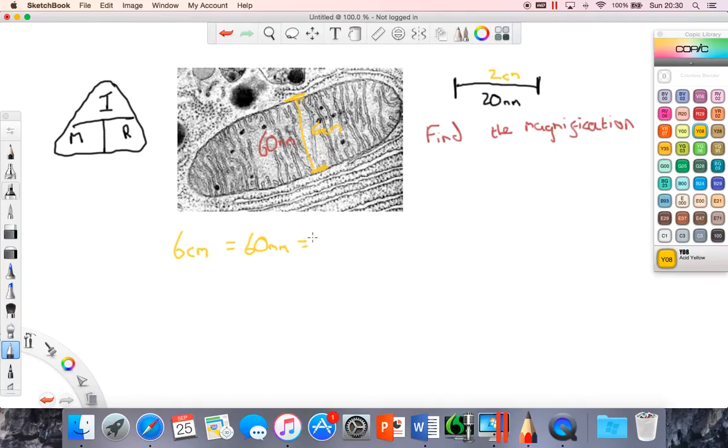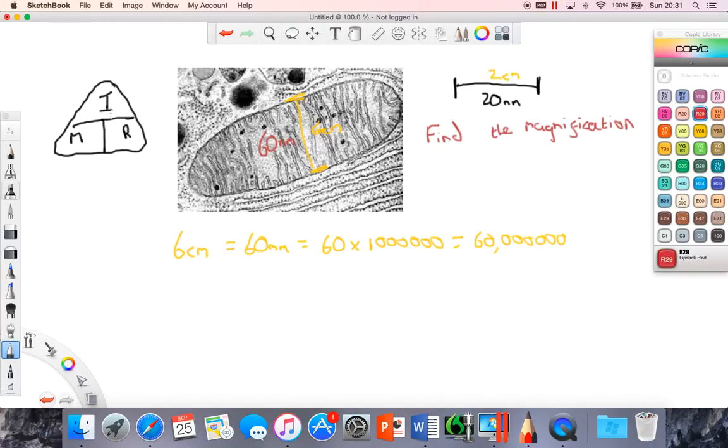To convert that into nanometers, you would do 60 times a million, to give you 60 million. So that is our image size.